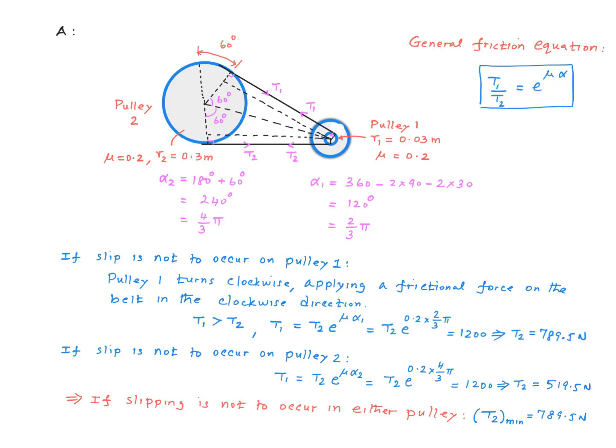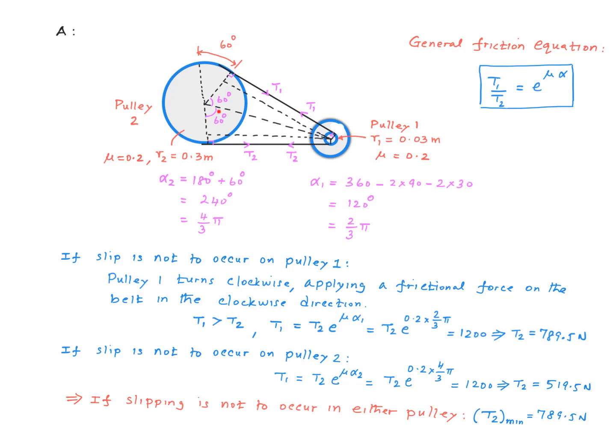It's easy to see that this triangle and this triangle are congruent. This angle is given as 60 degrees, and therefore each of these must be 60 degrees. The contact angle alpha 2 on pulley 2 is 180 degrees plus 60, which is 4/3 pi.